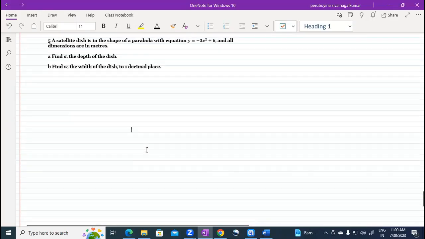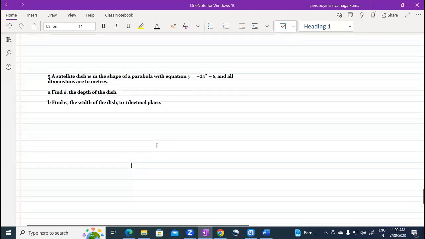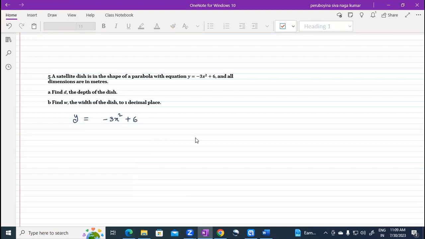A satellite dish in the shape of a parabola with equation y equals minus 3x square plus 6, and all dimensions are in meters. Okay, let's copy the equation. Y equal to minus 3x square plus 6.